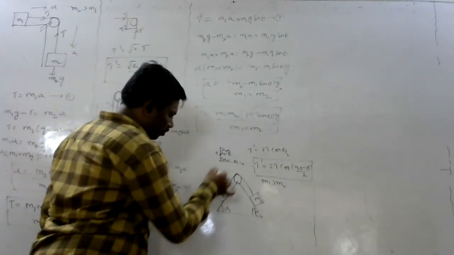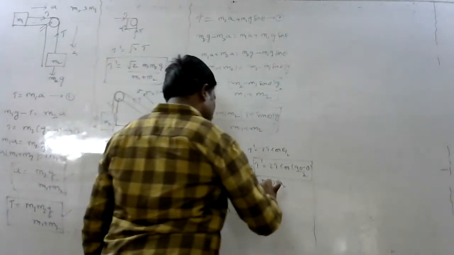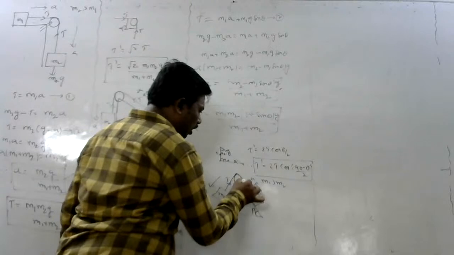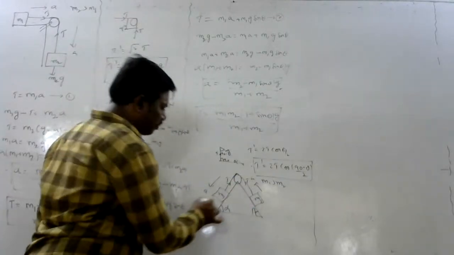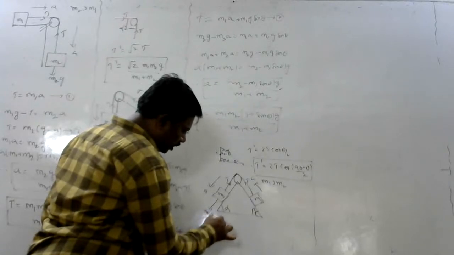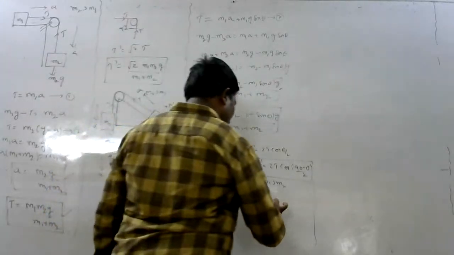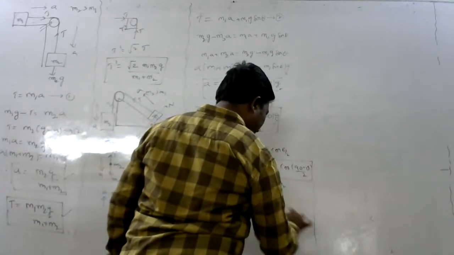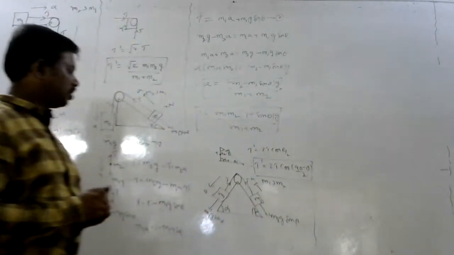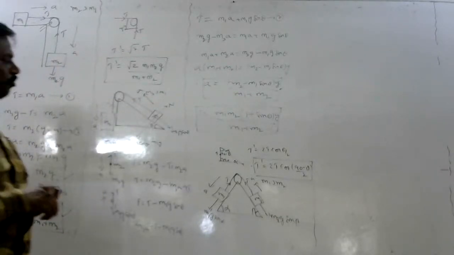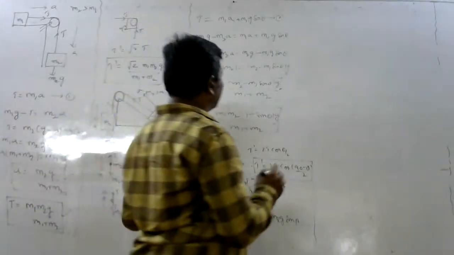So this block moves this side and the other block moves upward. Tension T is always towards the point of suspension. So the weight components are m1 g sin alpha and m2 g sin beta. From this also we draw free body diagrams.